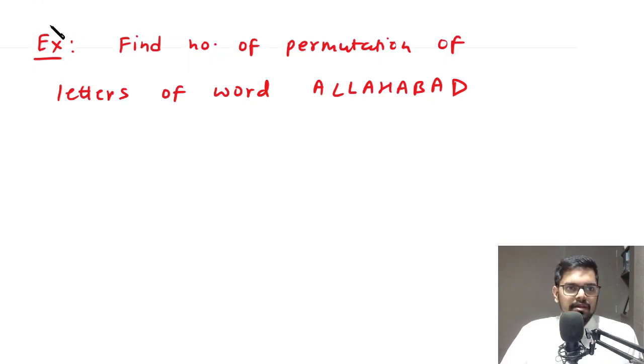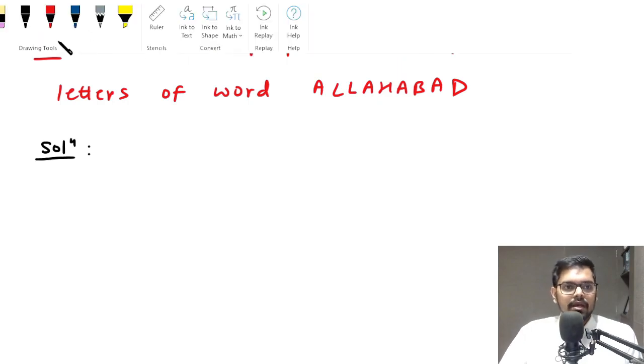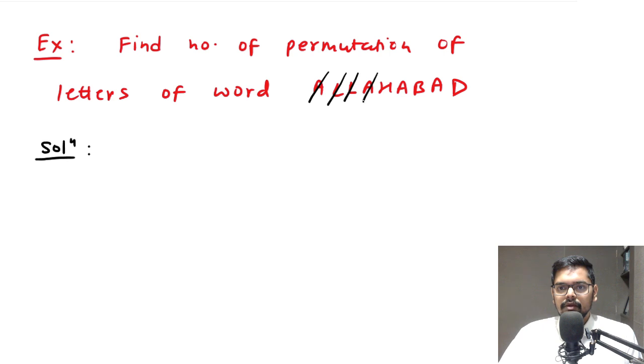Now you know very well, sir, this is the arrangement question, and recently we have studied that if repetition happens, first arrange letters among themselves, then divide with the repetition part, right? So here I am going to say Allahabad has how many letters? 1, 2, 3, 4, 5, 6, 7, 8, 9.